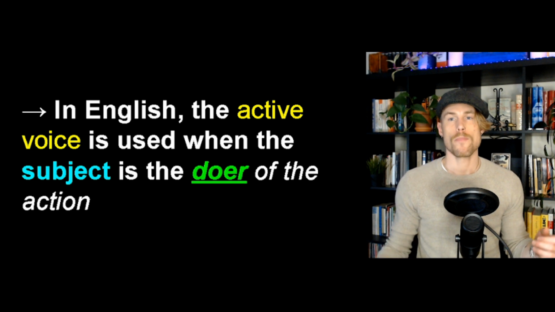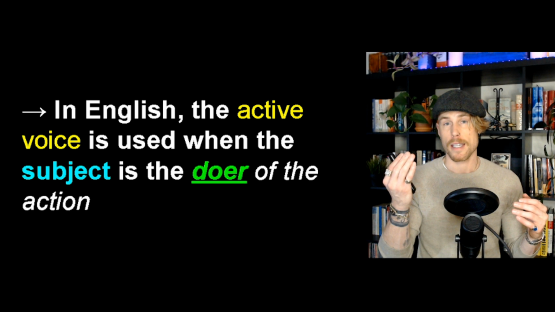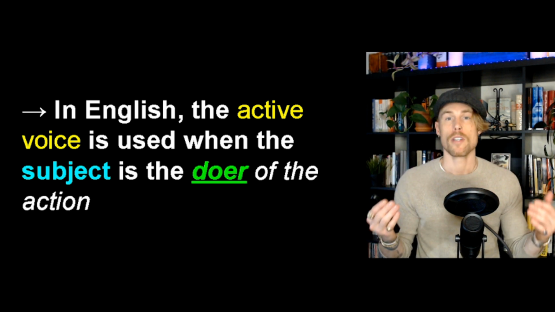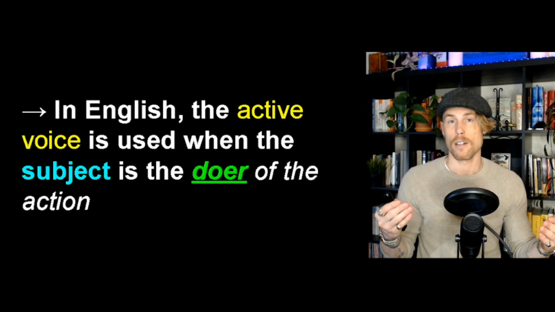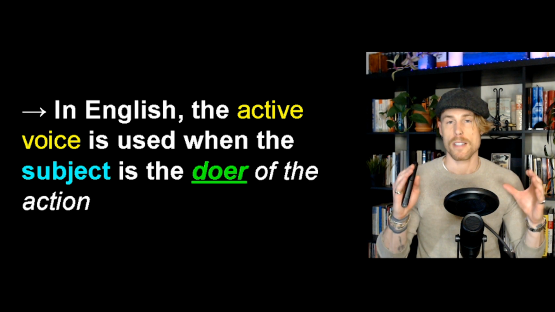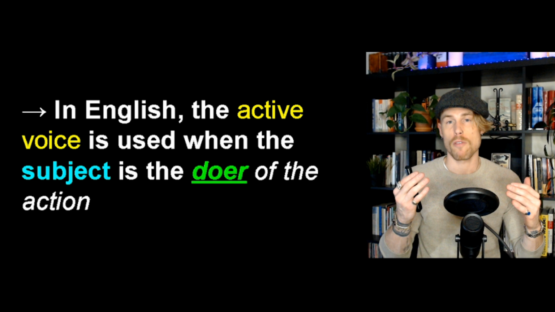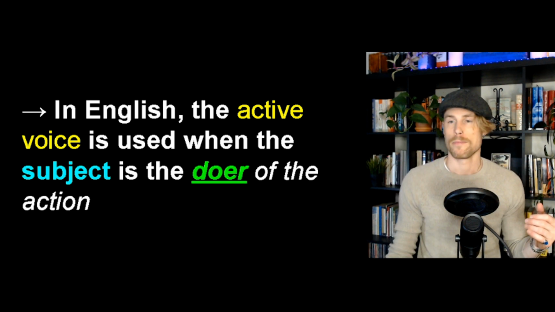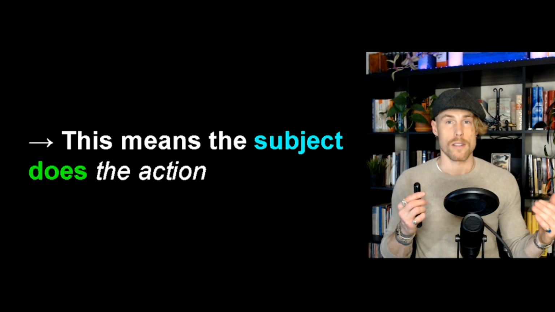In English, the active voice is used when the subject is the doer of the action. So, I said this at the beginning of the video today. This is now specifically about the active voice. Active voice, the subject is the doer of the action. Again, this means the subject does the action.